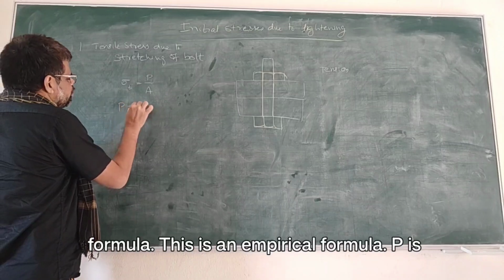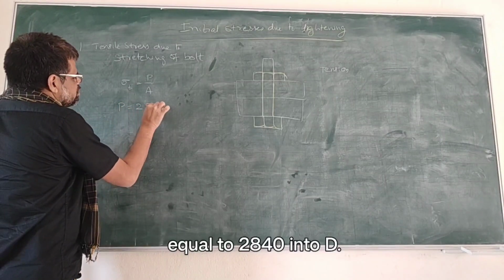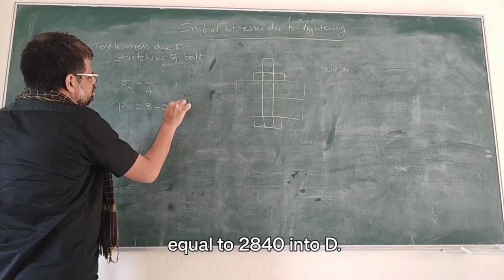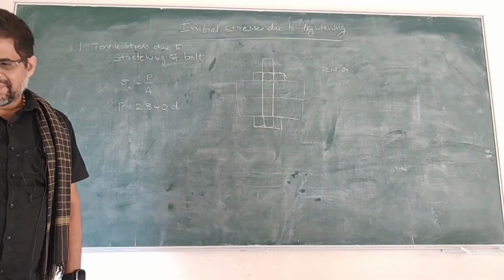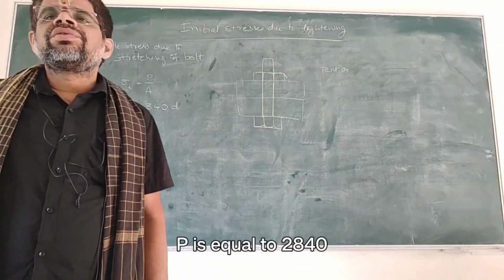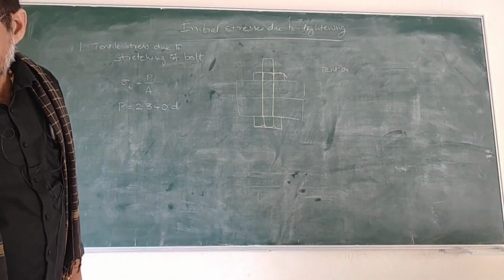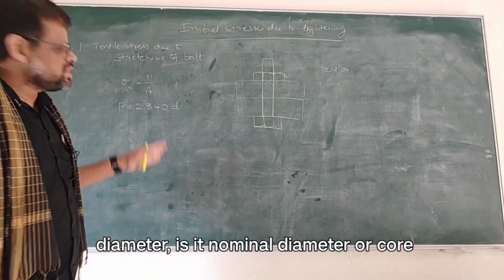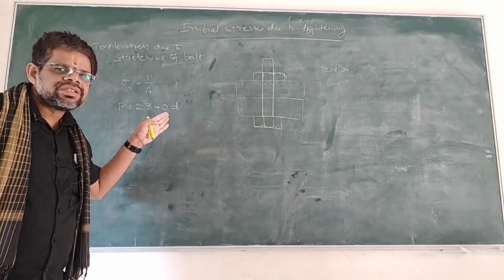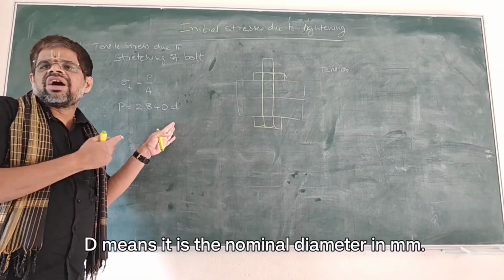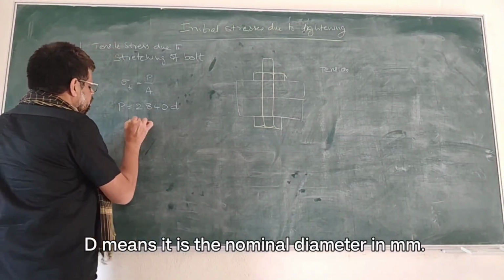This is an empirical formula. P is equal to 2840 into D, where D is the diameter. Is it nominal diameter or core diameter? Nominal diameter. D means it is the nominal diameter in mm.